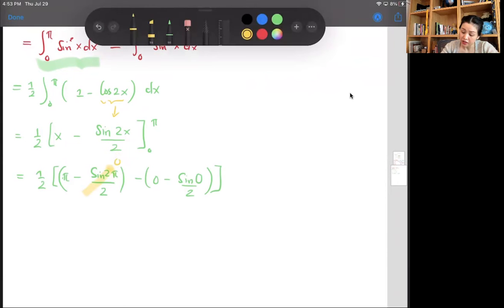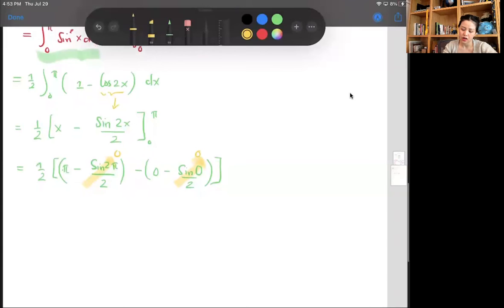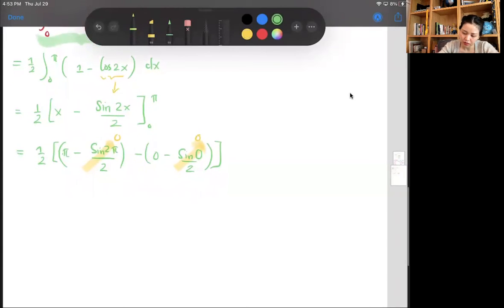Sine of 0 is 0, divided by 2 is 0. So our answer for this part, not quite the final answer, is pi half.